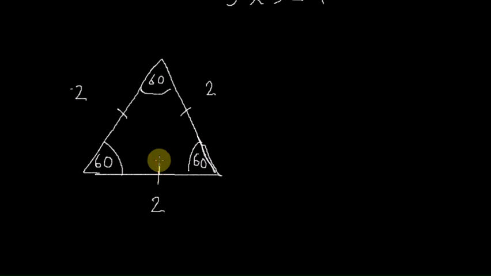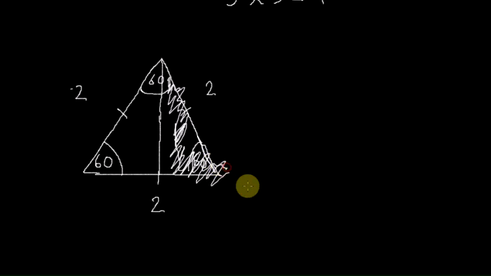Then chopped the triangle in half, and ignored this half to some degree. We'll see this in a second. Now we'll make this angle 30 because we've chopped it in half, so the angle isn't 60 anymore, it's 30.